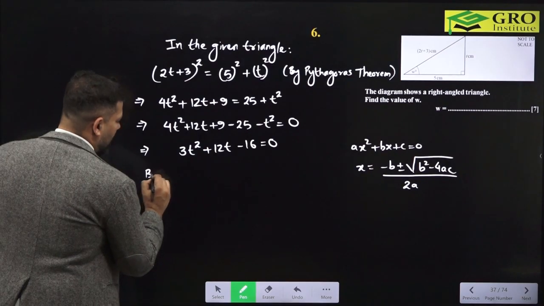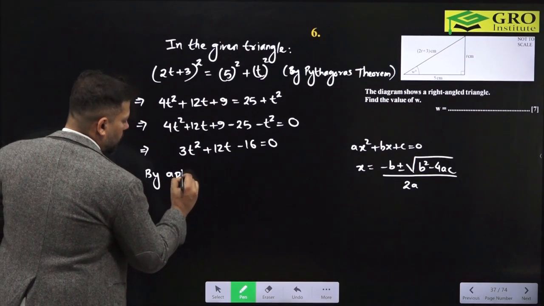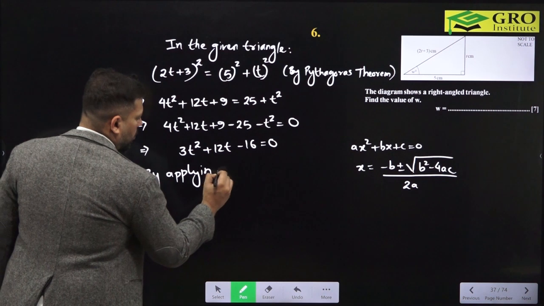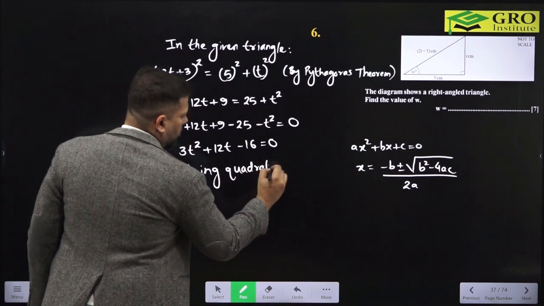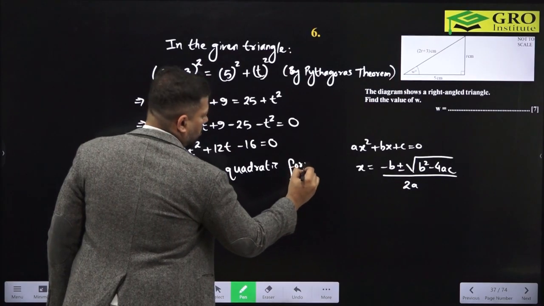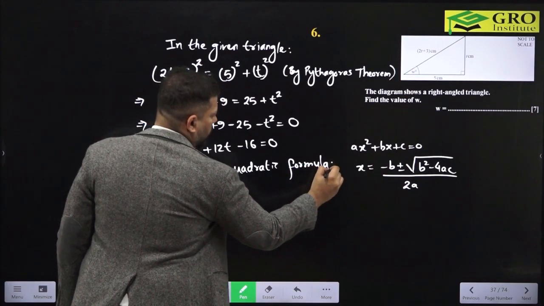So by applying the quadratic formula, what would we get?